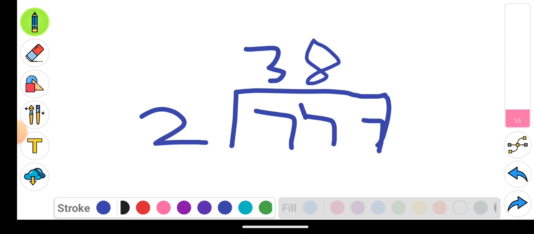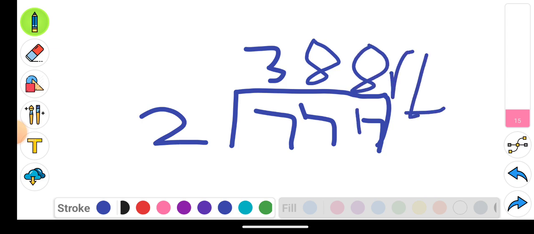You get an 8 and a 1, and you get another 8 and a remainder of 1.